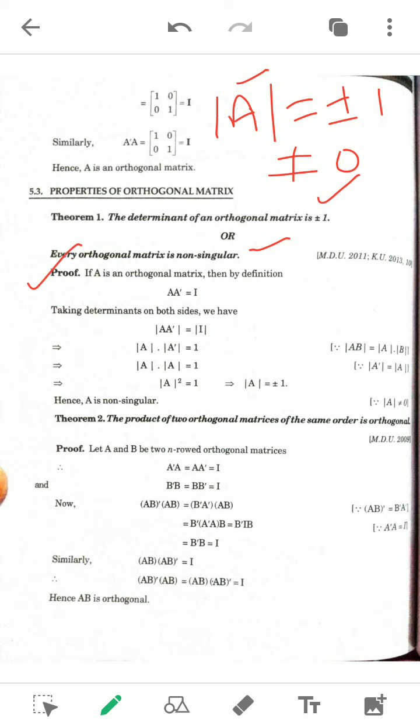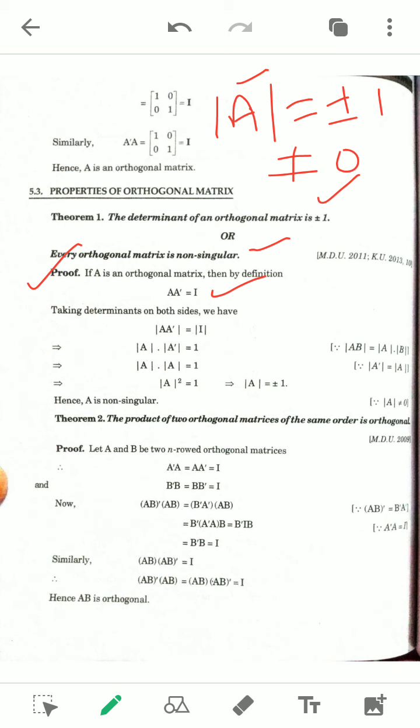The proof is simple. We start with the definition of orthogonal matrix. Because A is given to be an orthogonal matrix, it will fulfill the definition that A transpose A equal to the identity matrix. So what we do, we take determinant on both sides.